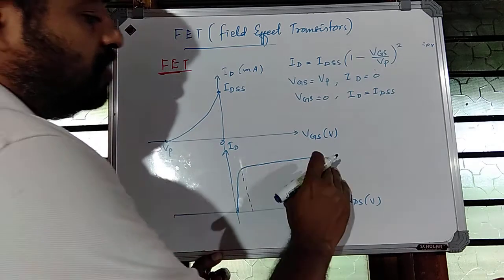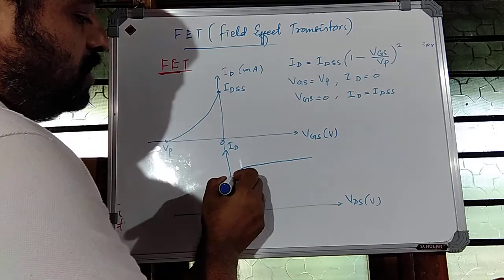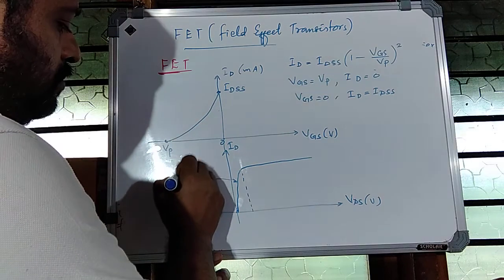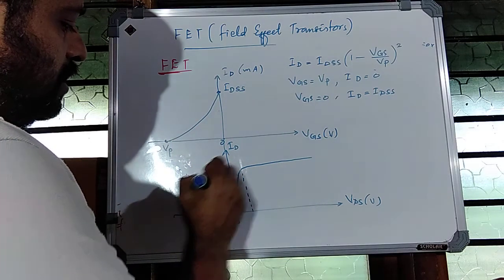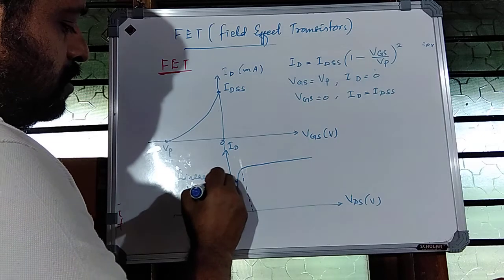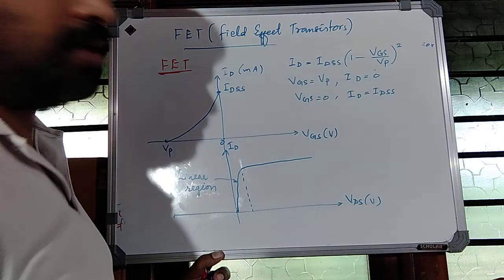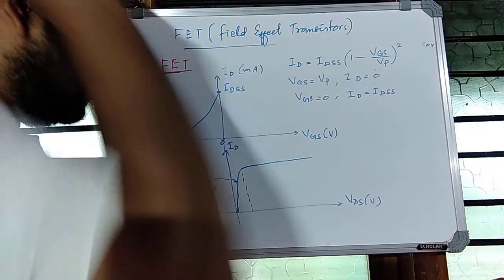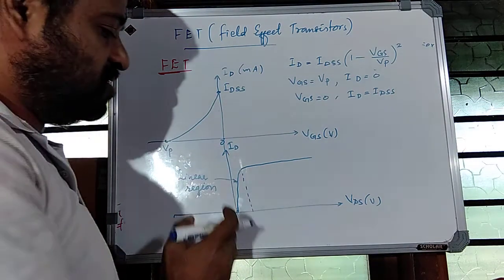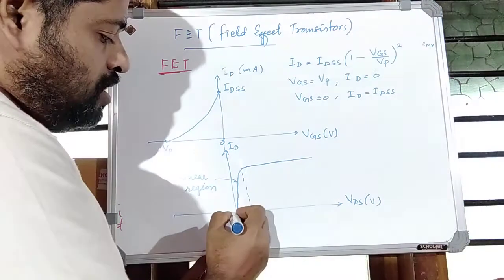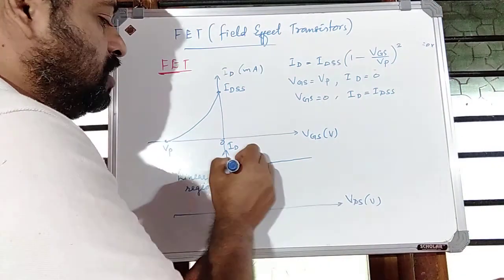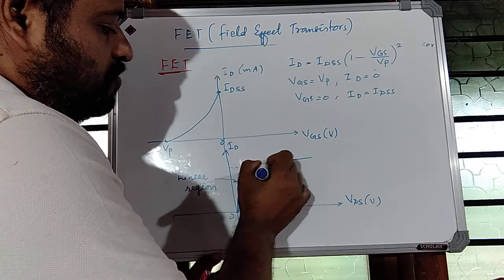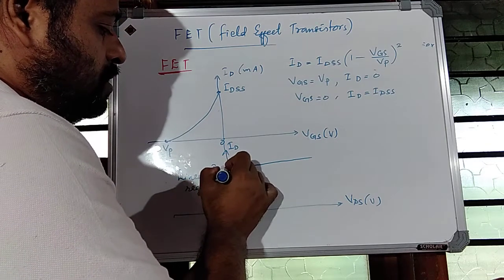Current remains a constant value, and the region before this is called the linear region, where a JFET works as a linear resistor. In the linear region, as the voltage increases, it works like a resistor. That is, as VDS increases, ID also increases, and it becomes a constant value IDSS.